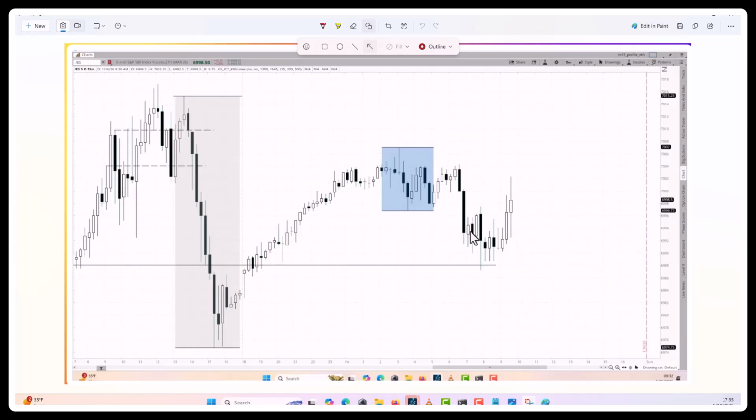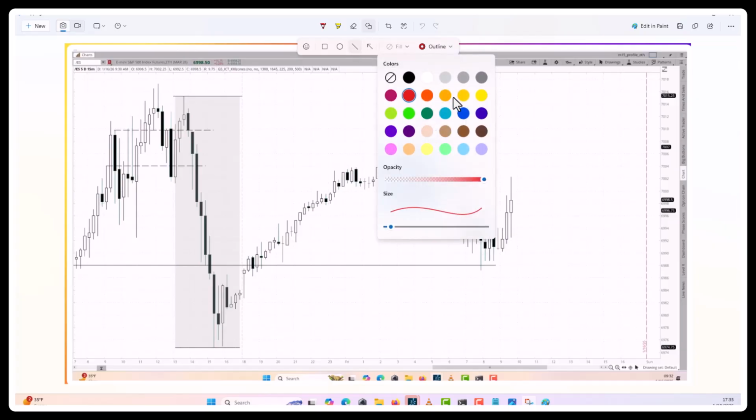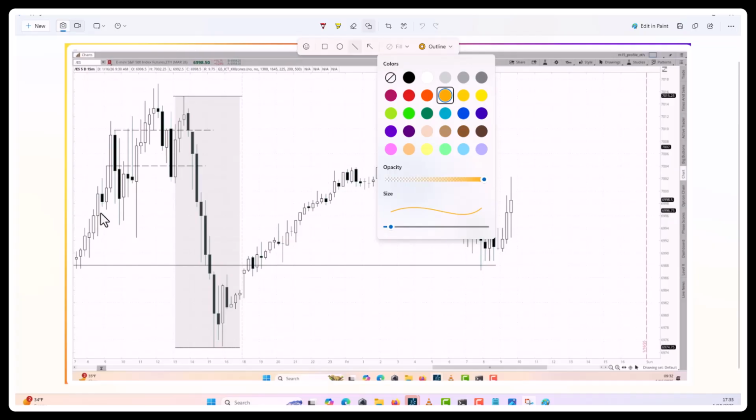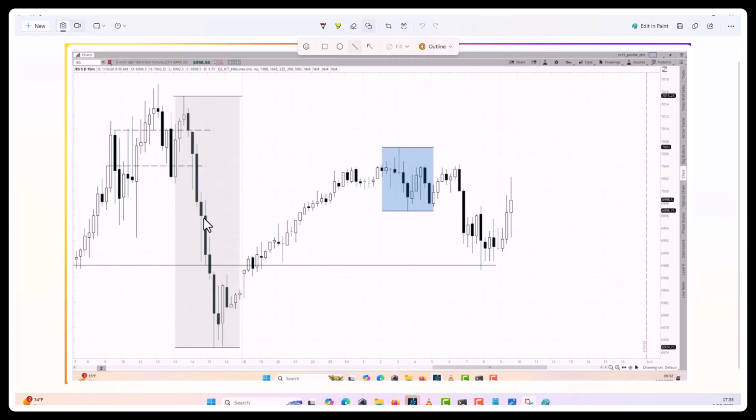Yeah, you can do this level, right? You can see it. You see that level right there? Let's do this, and draw just the level.